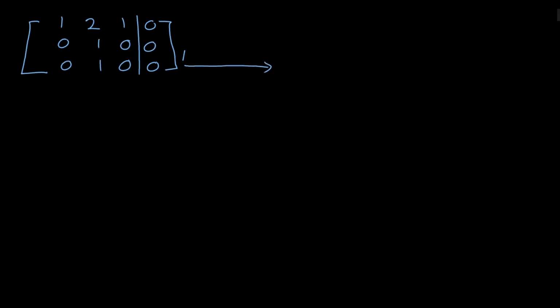Okay, we have the new row 3 equals to, I would take negative of a23 divided by a22, which should be negative 1, multiplied by row 2 plus row 3.